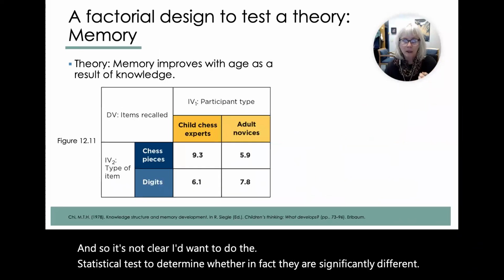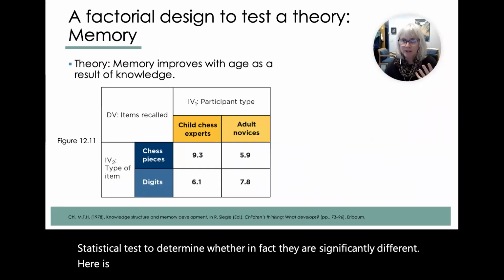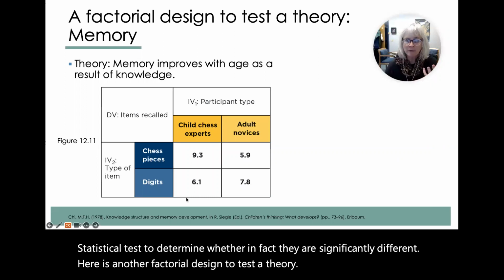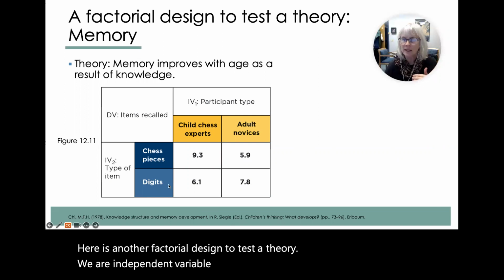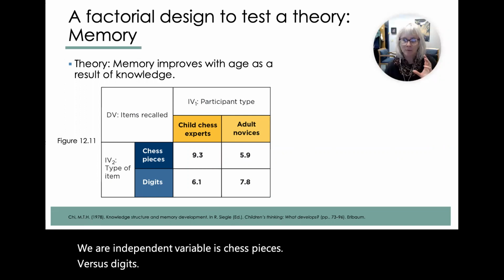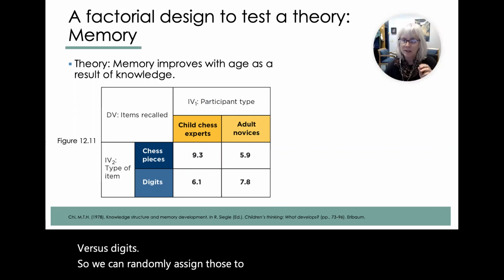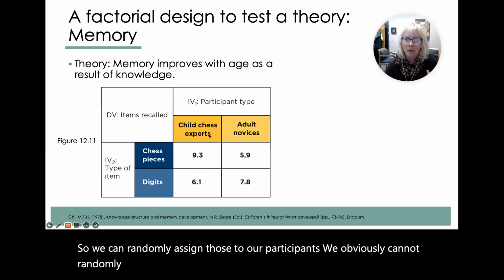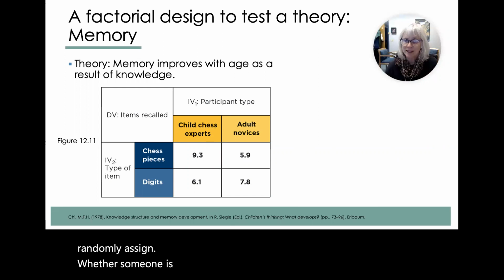Here is another factorial design to test a theory. Our independent variable is chess pieces versus digits. So we can randomly assign those to our participants. We obviously cannot randomly assign whether someone is a child chess expert or an adult novice.